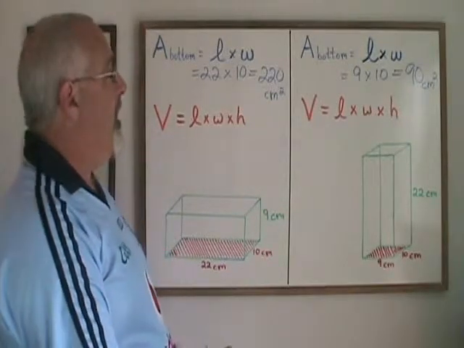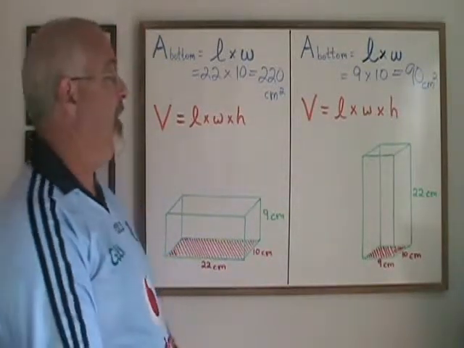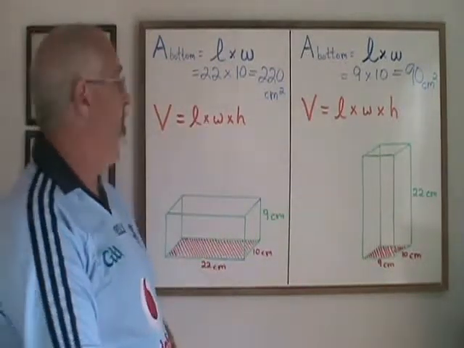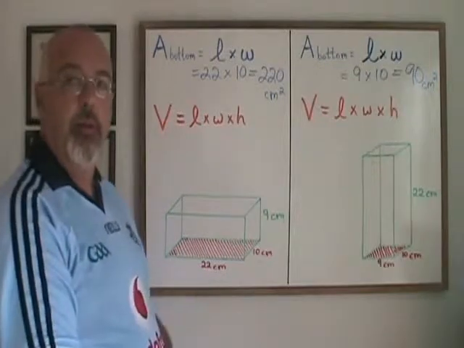Now let's look at the volume formula for a rectangular prism. The volume formula is very similar to the area of a rectangle formula. It's length times width, but also times height.